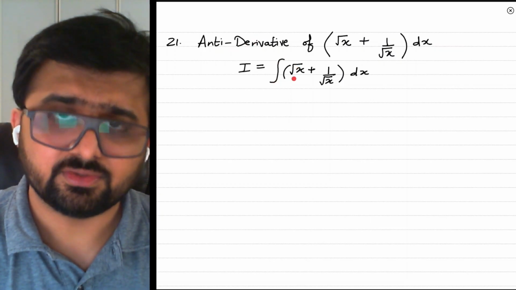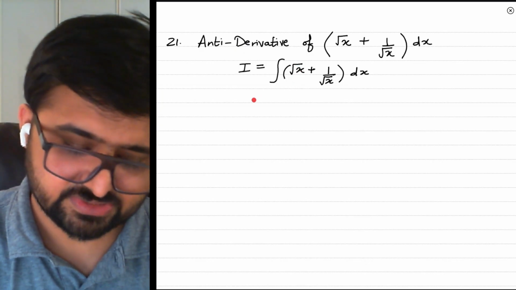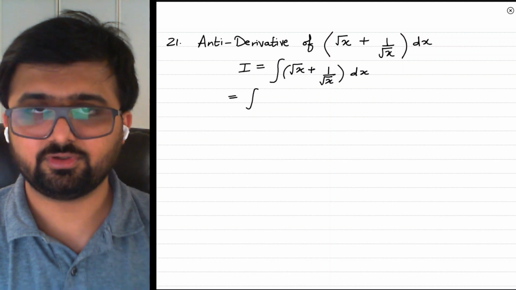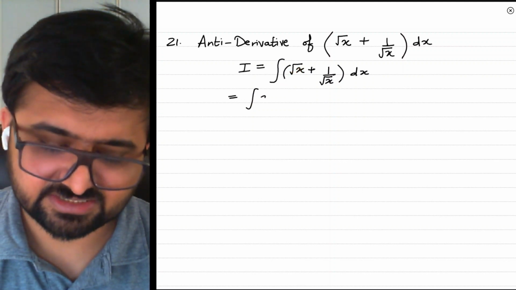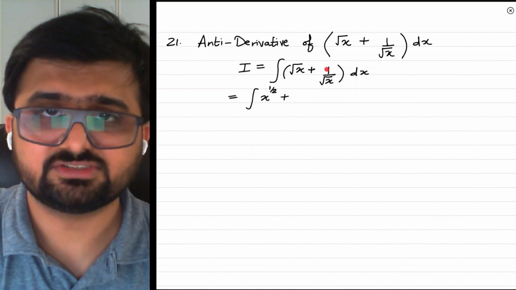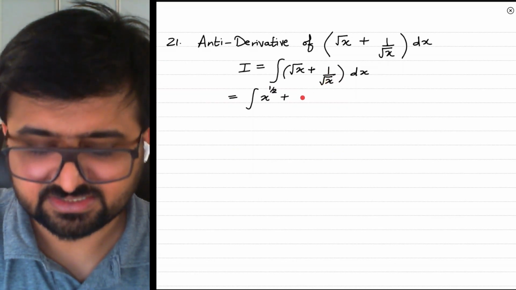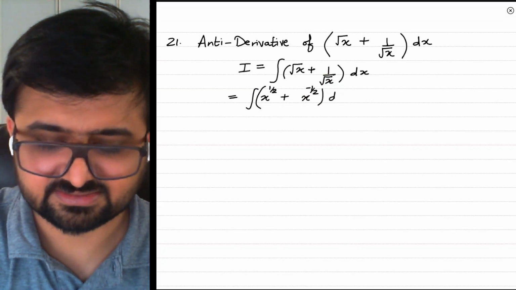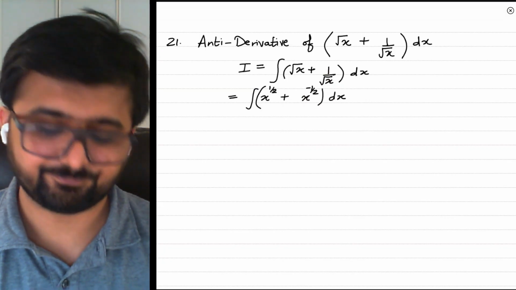Okay. Now we can simplify this using the laws of indices as we did in our few problems before. We know the square root of x is nothing but x to the power half, plus we know this 1 over square root of x is x to the power minus half dx by the laws of indices.